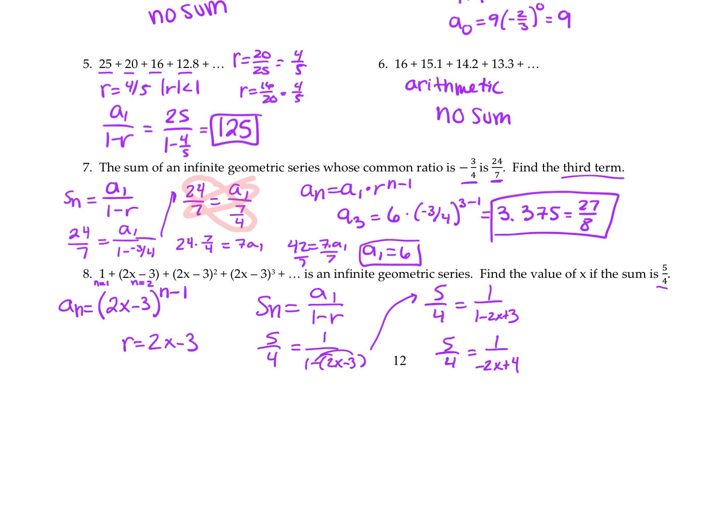So then we're going to cross multiply again. So I'm going to have 4 equals negative 10x plus 20. So minus 20, so I'll have negative 16 equals negative 10x. And so my x will equal 1.6.